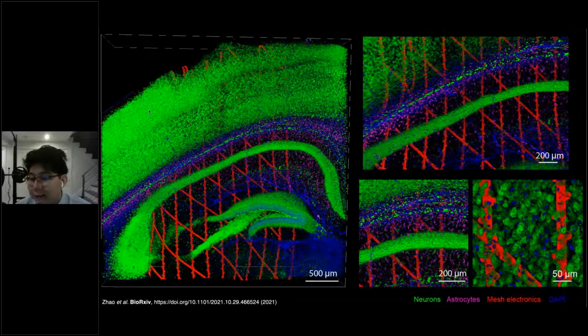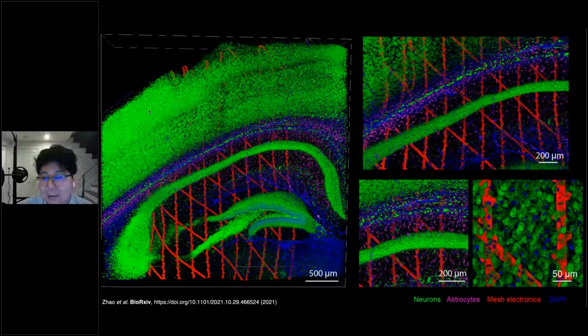The red color is the mesh nanoelectronics, and the purple and green are the immune cells and the neurons. You can see that there is vanishingly small damage to the neurons, and also no proliferation of immune cells around the probe.